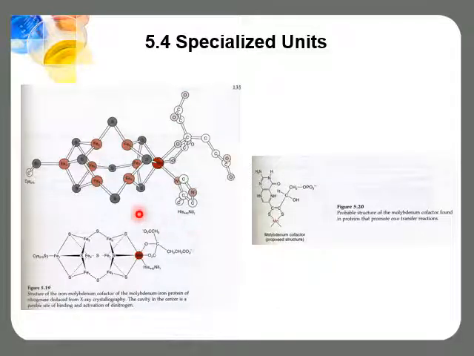This is the structure of the iron-molybdenum cofactor in the nitrogenase. Here, this is a more schematic structure. You can see that there are 1, 2, 3, 4, 5, 6, 7 irons and 1 molybdenum.